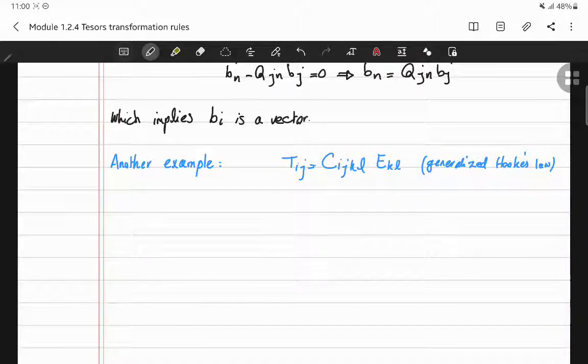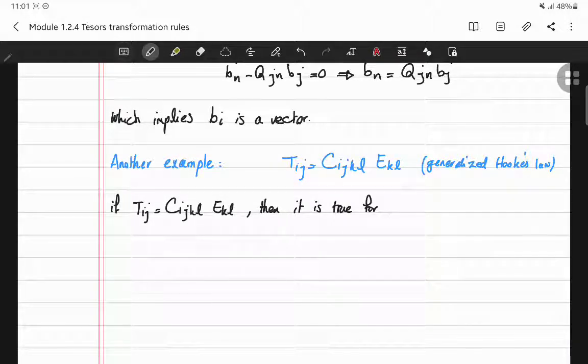All right, so we start from here, from T prime. So we state again that if Tij is equal to Cijkl Ekl, if this holds, then it is true for all coordinate systems.